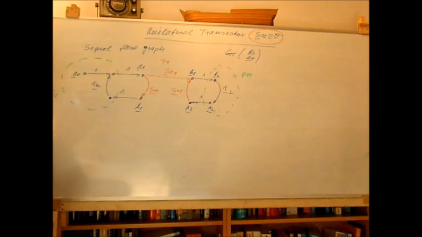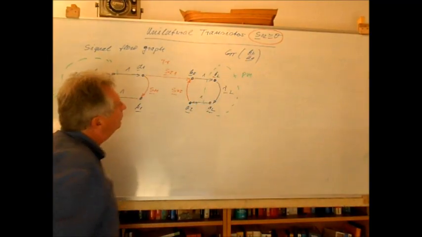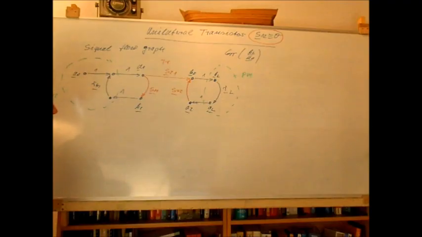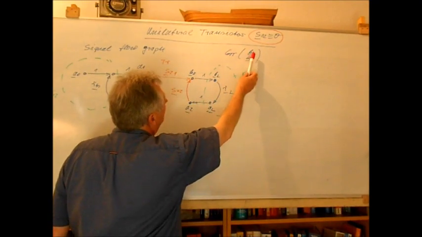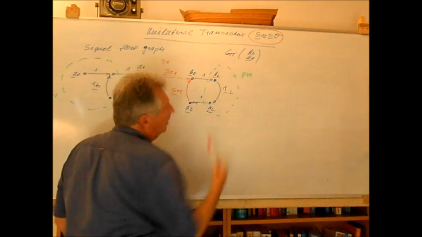And if we want to calculate now what is the transducer power gain, then we know the transducer power gain is a function of BL over A naught.